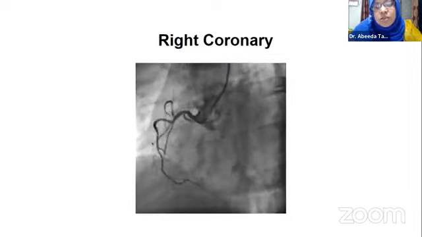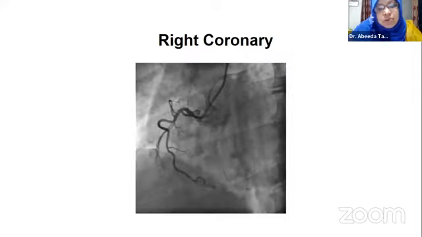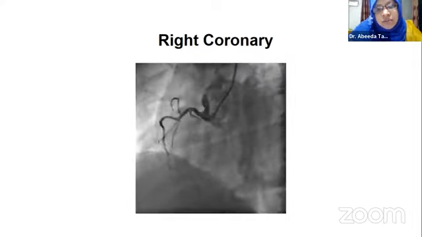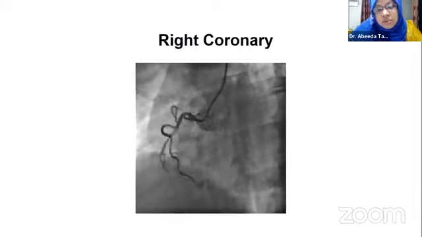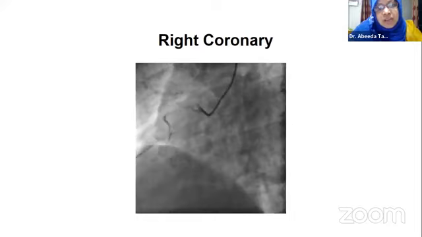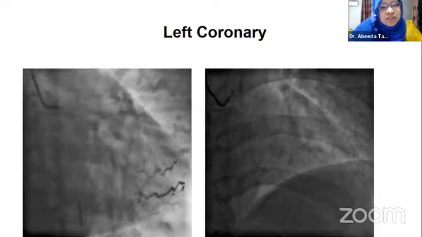It was not a primary PCI. The patient actually received streptokinase first. Then he came to our institute 15 days after his MI, and the right coronary artery showed this is a non-dominant right coronary artery. So we proceed to see the left coronary system.